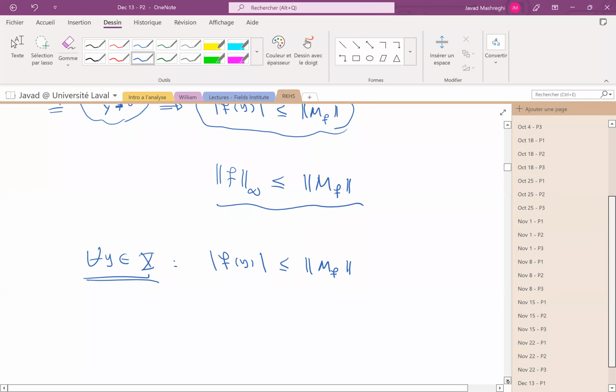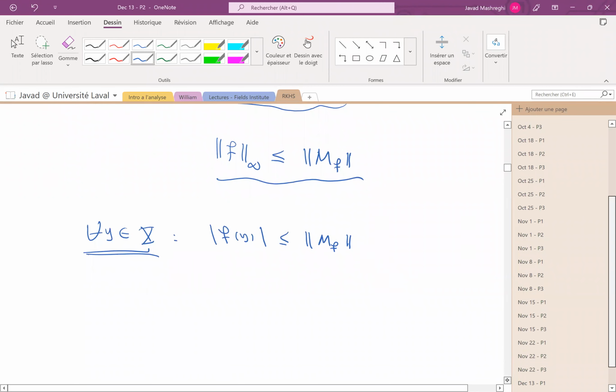So the conclusion is that a multiplier is a bounded function, but the converse is not true, and we will see that, the concluding topic of the course.